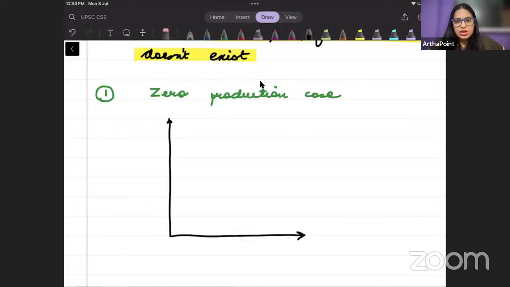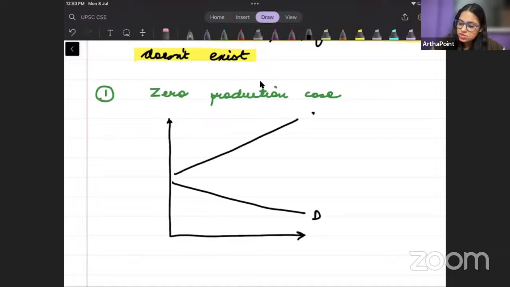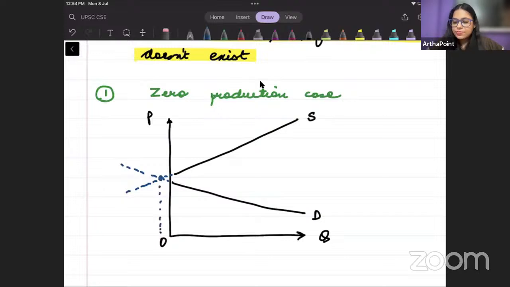So for example, let's say that my demand curve looks something like this, and supply curve looks something like this. I have taken price here and quantity here. So you can identify that my equilibrium will lie somewhere here, beta, with negative quantity. But negative quantity does not mean anything in the economic sense. There is no meaning of negative quantity, right?